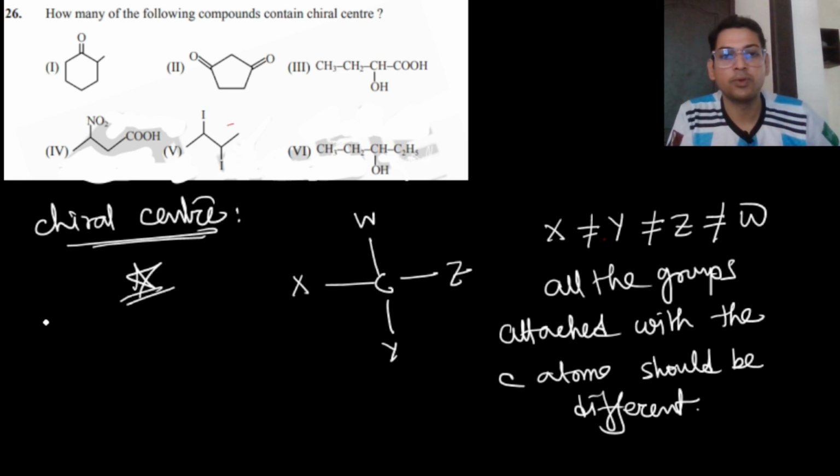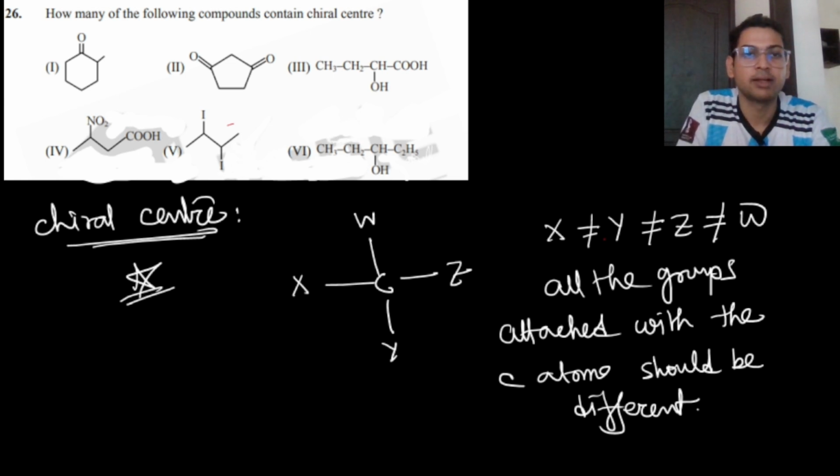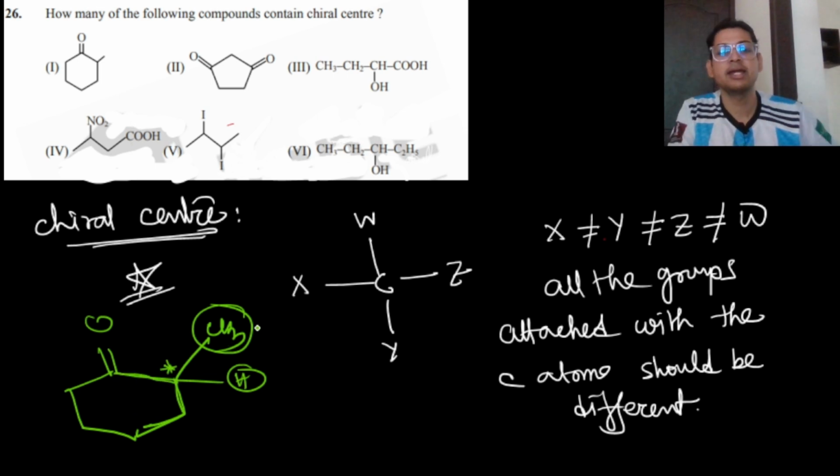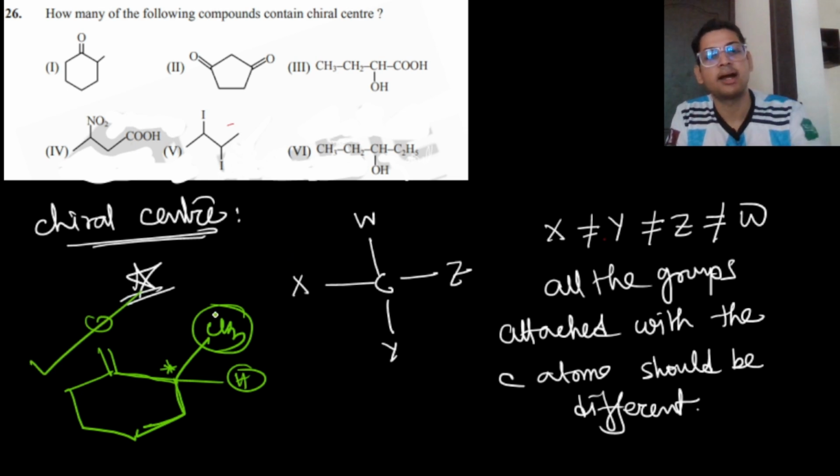Okay, now we will do one by one. For the first molecule, this carbon I am talking about, you see one hand methyl, one hand hydrogen, one hand this group and one hand this carbonyl. So all the groups on this carbon are different. So this is a chiral center. Are you getting my point?